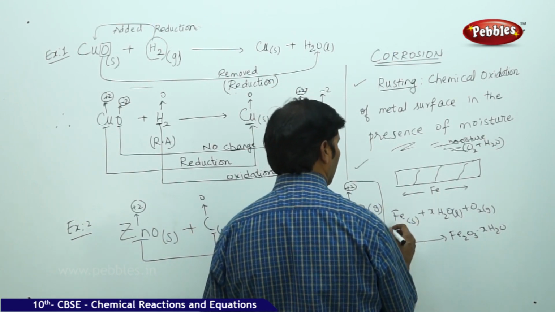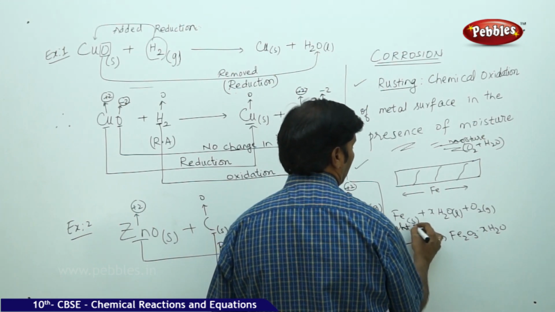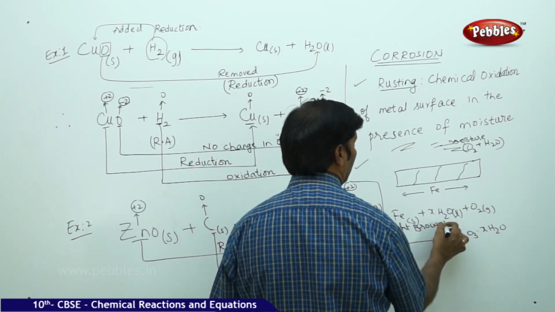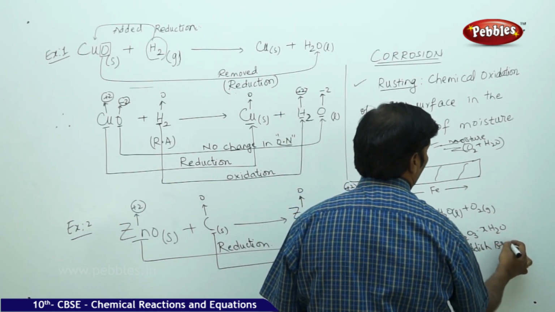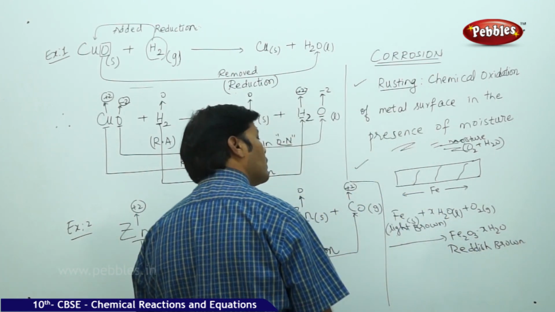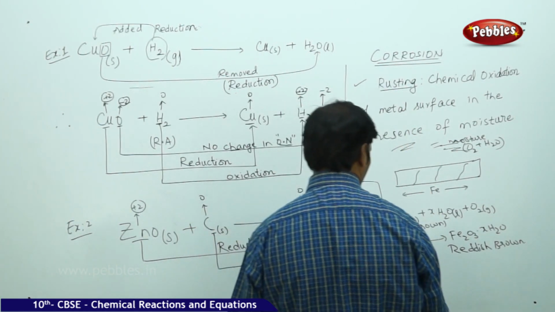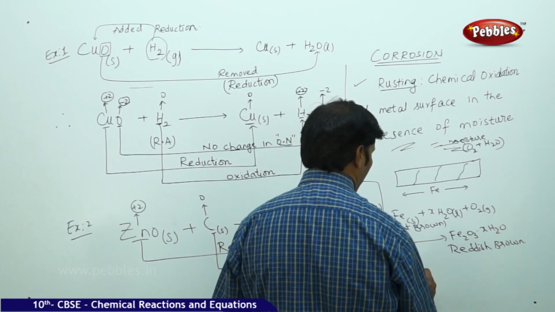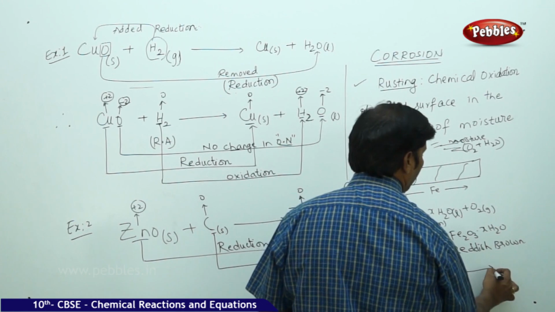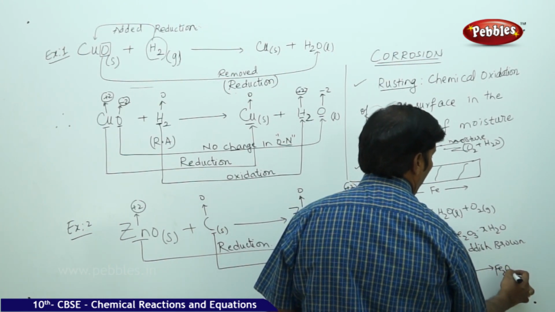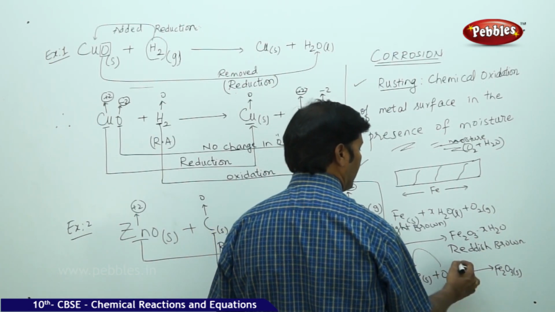Here this is light brown in color. This is going to become reddish brown. So when you say chemical oxidation, rusting here means iron solid plus O2 gas gives rise to Fe2O3. So here the iron, when you are passing oxygen, is getting rusted.